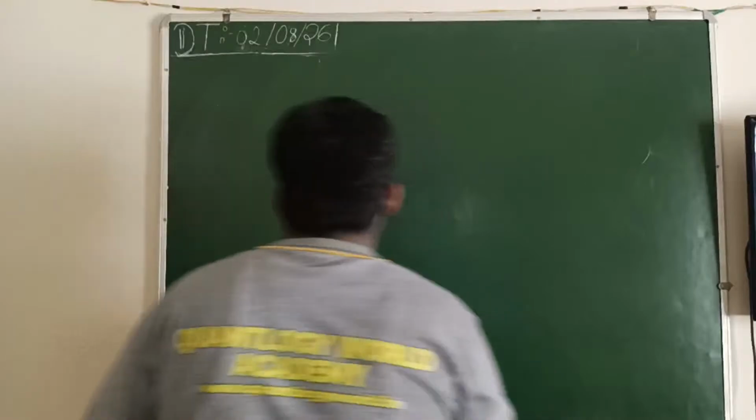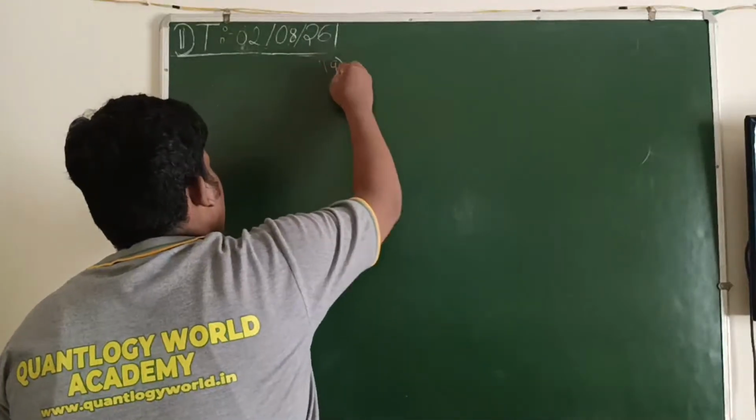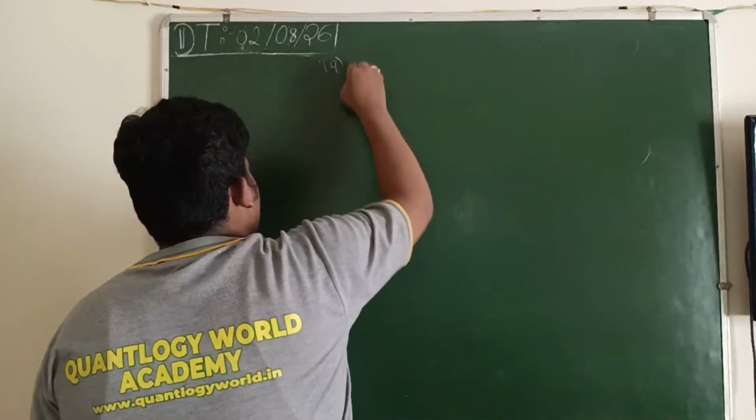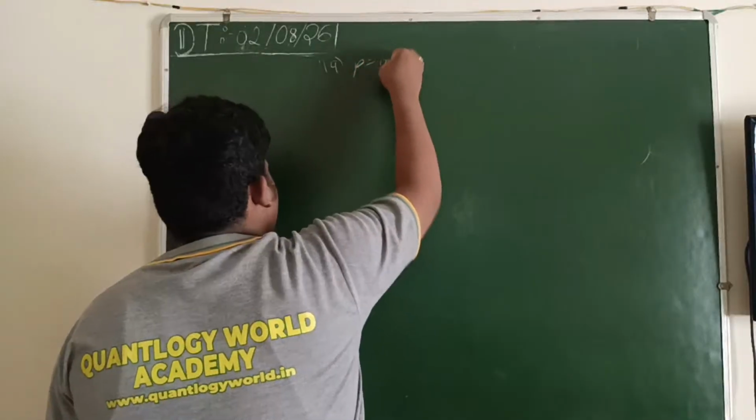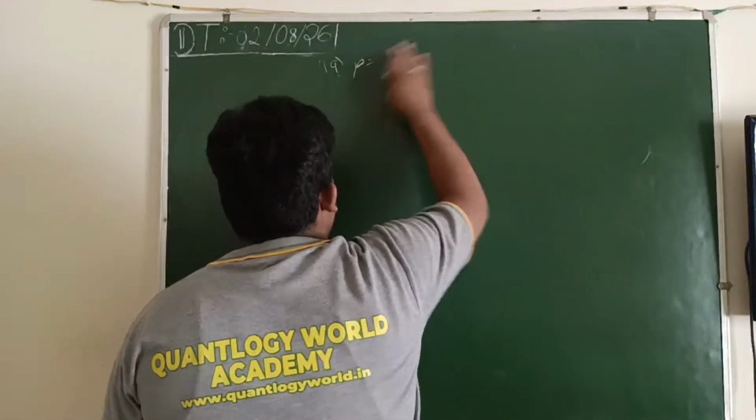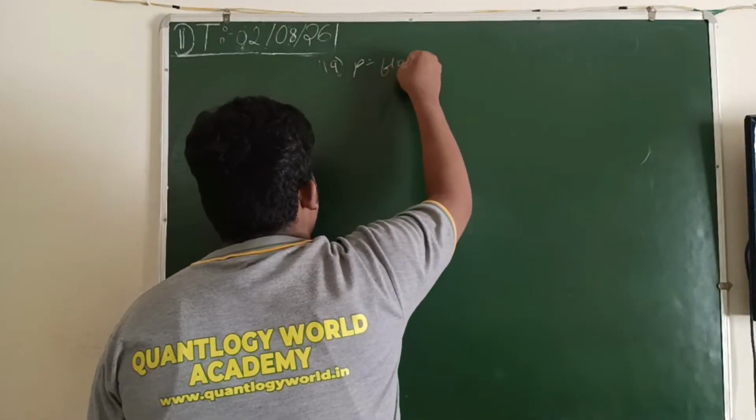Next program. Write a program to input principal, rate of interest and time period to calculate the simple interest. P equal to, sorry, not int, float input.